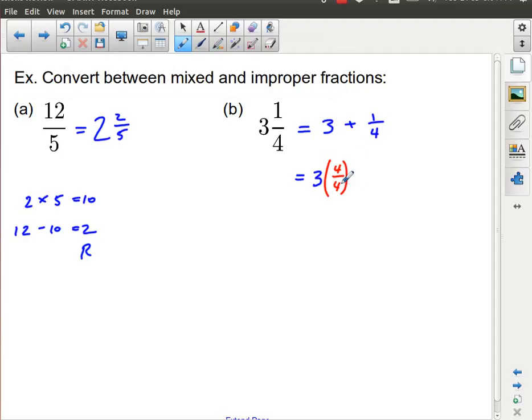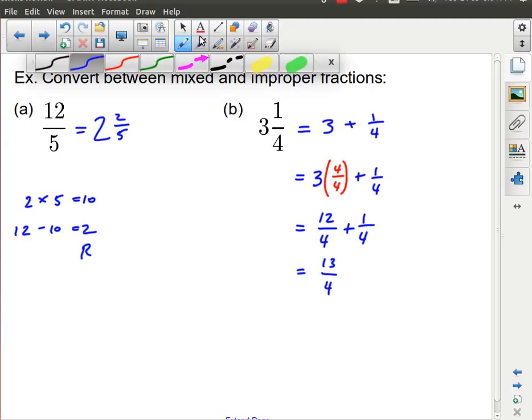That's what a whole would be when we're talking about quarters, plus 1/4. So 3 times 4, that's going to give me 12 quarters plus 1/4, which gives me a total of 13 quarters.